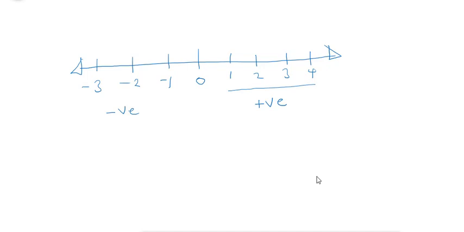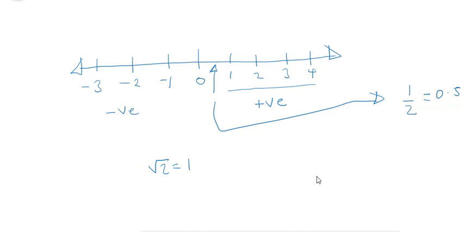Rational numbers are simply numbers that are between whole numbers. For example, say 1 over 2. 1 over 2 is 0.5, right? So 1 over 2 will obviously be somewhere there. So the number line represents all the numbers that we can have. Even the recurring numbers can actually be found here. Remember we said, for example, the root of 2 is equal to 1.414, right?